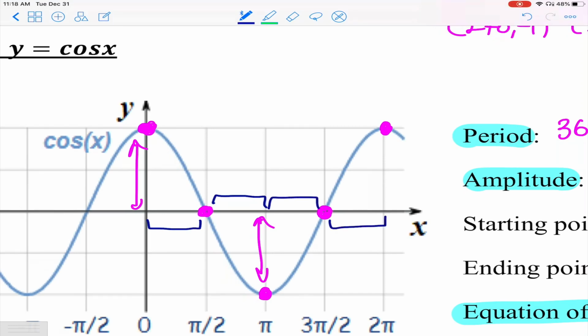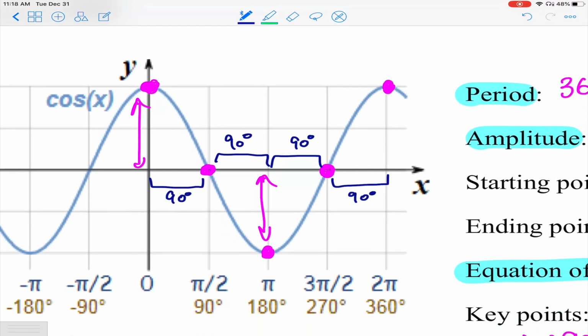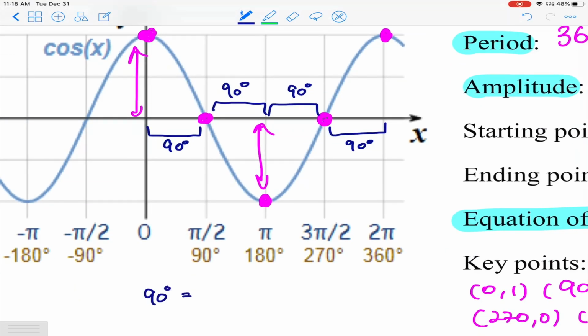So each segment is 90 degrees in this case. If you take a look at it more deeply, this 90 degrees is just 1/4 times the period, which is 360, which I can say is period over 4, or a quarter of a period. So one segment is a quarter of a period.